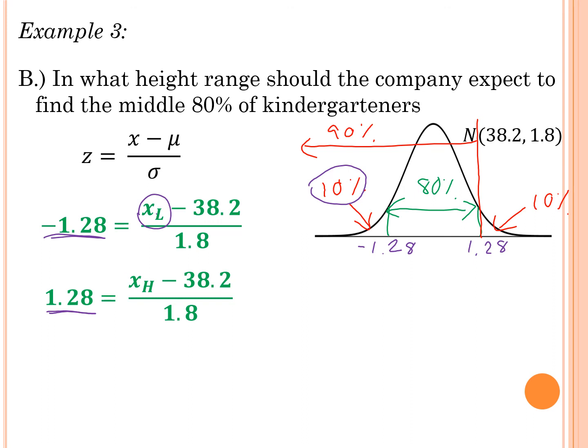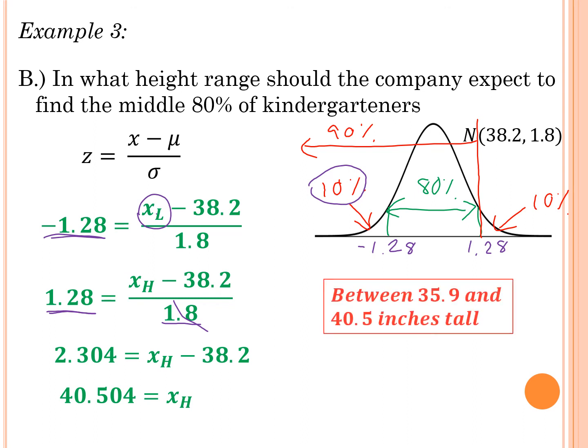I have it solved out for the higher z-score here, so times 1.8 on both sides, cancels over here. We get 2.304 on the left. Add 38.2, we get a high value of 40.504. Do the same thing to the lower side and we get a range. So 80% of kindergartners will have heights between 35.9 and 40.5 inches tall.